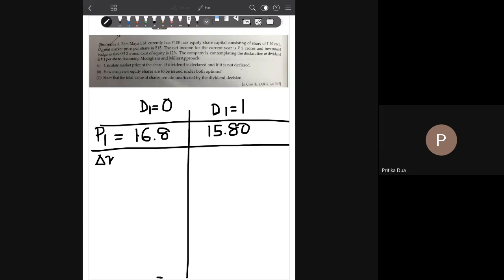So under that, the number of shares when dividend is not being declared is coming to, has anyone solved this part? Delta N, how much is it coming to?